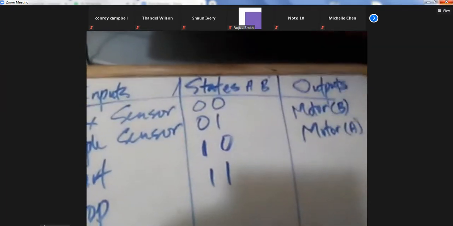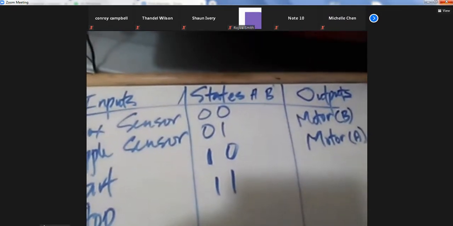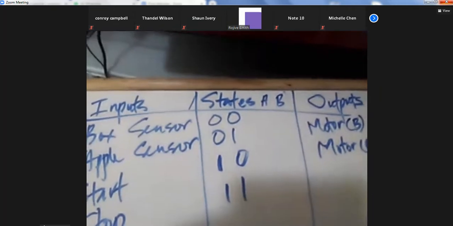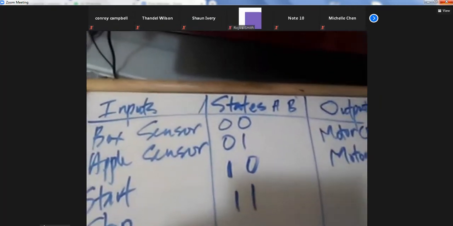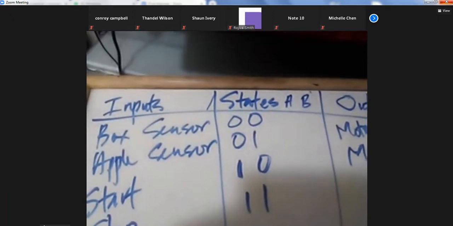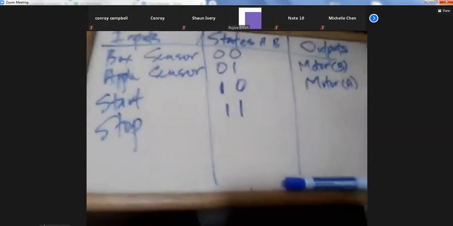Now, if we study back the diagram, are any of these states redundant? Sir, 1 1, sir. Why is 1 1 redundant? Sir, because when the Apple is dropped, the motor will move. Right.